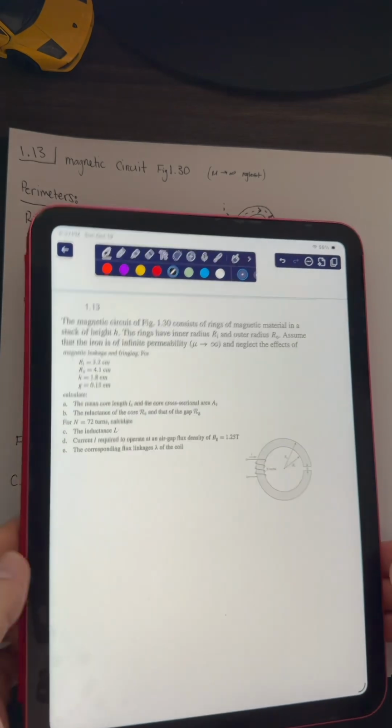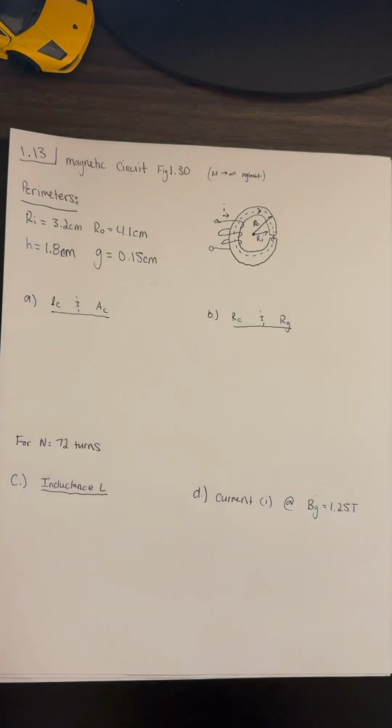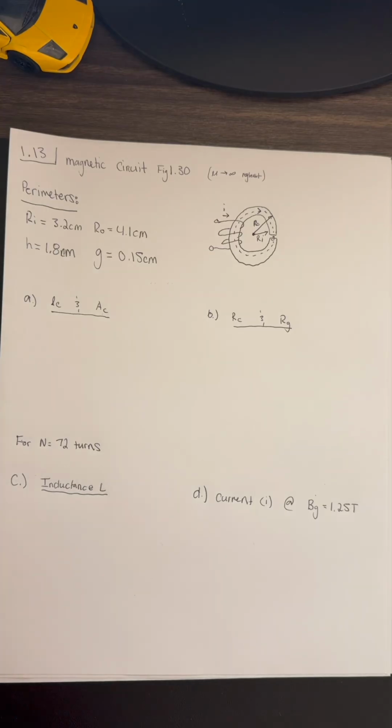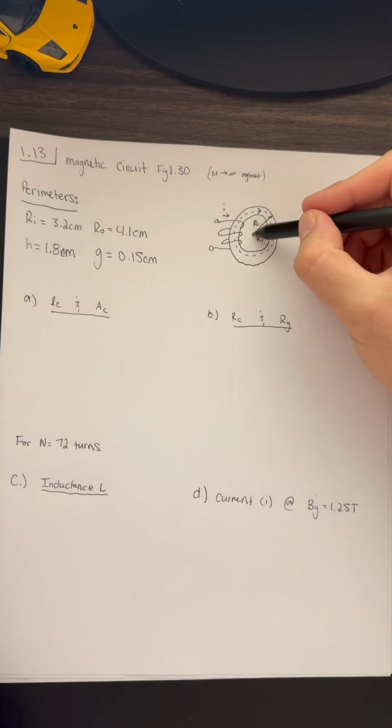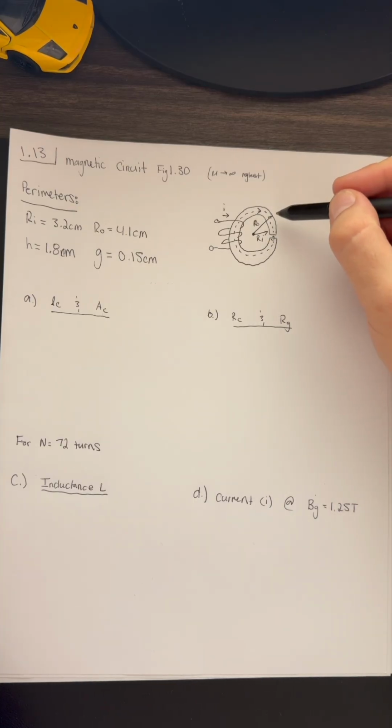Anyways, without further ado, here's the problem at state. Our parameters Ri are given, Ro, H, G. For this problem, the way to tackle it is to really understand just the different lengths that are given. So Ro is going to be the length from the center point to the outside of the magnet.